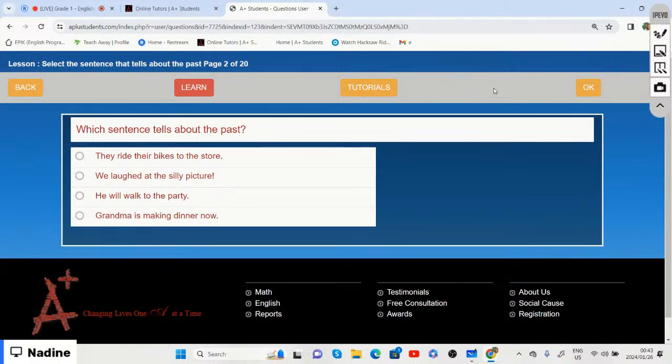And remember, we said sentences that are in the past usually end in ed, the verb.